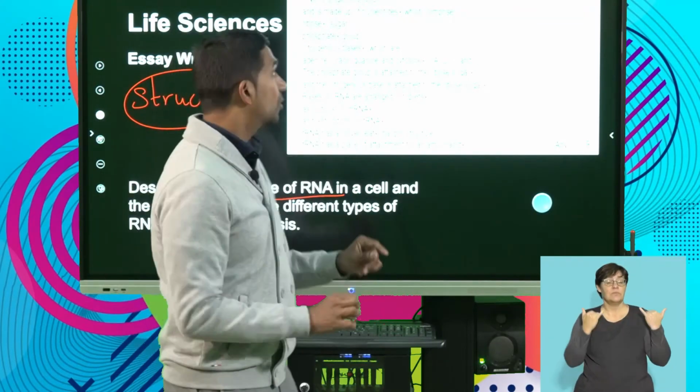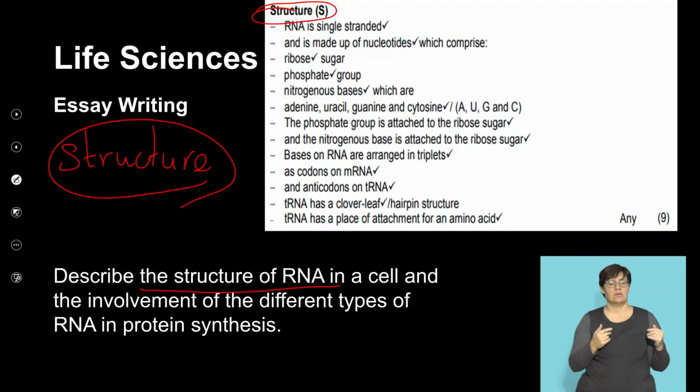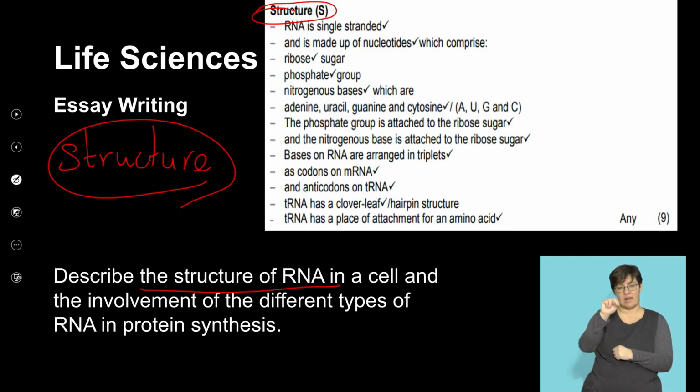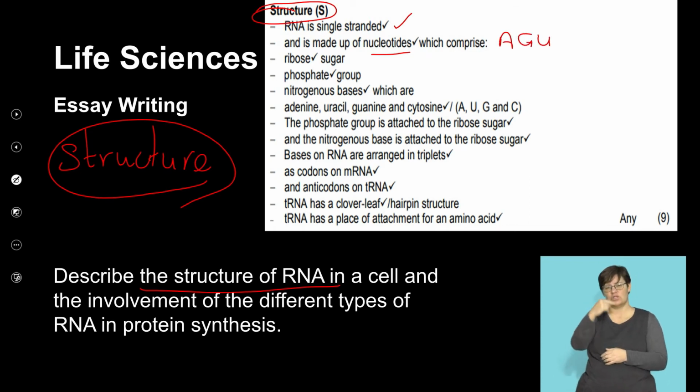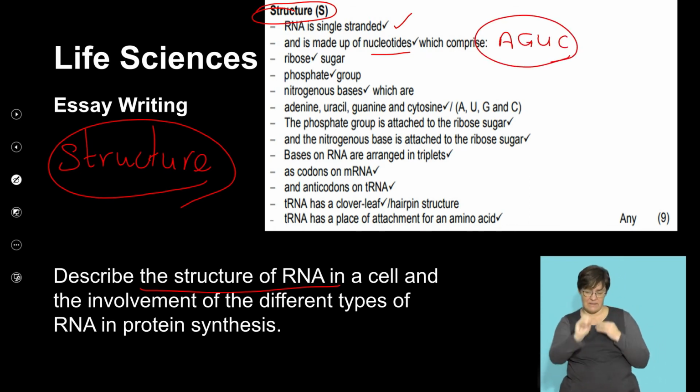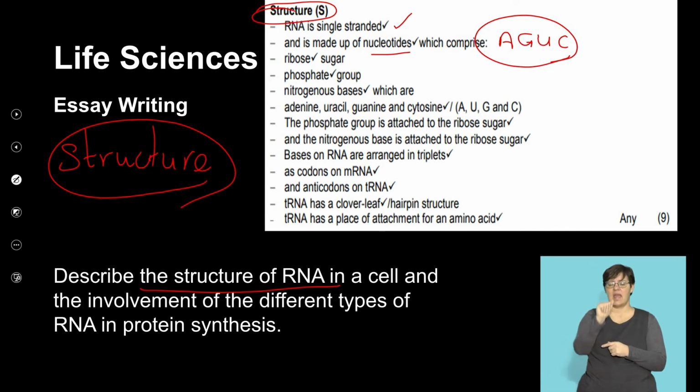So you've got to now go through essentially putting together a concept map of just the structure of RNA. Remember that RNA is single-stranded, so you must note that in your planning. It's made up of nucleotides. Again, it's important to be able to say your A, G, U, and C nucleotides. We've got to say that RNA has these sugars, which we call the ribose sugars.